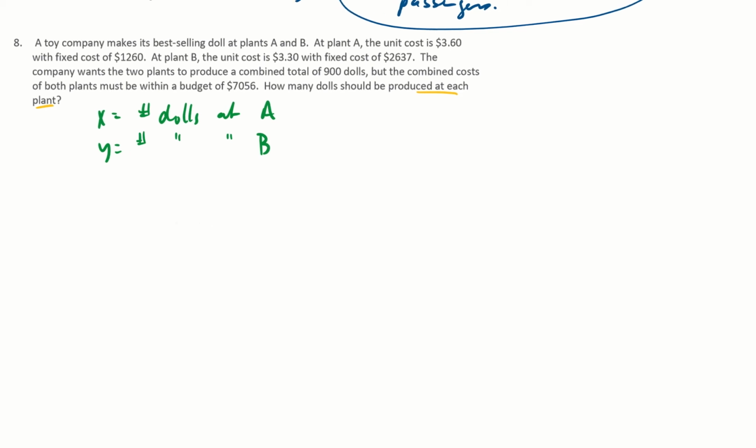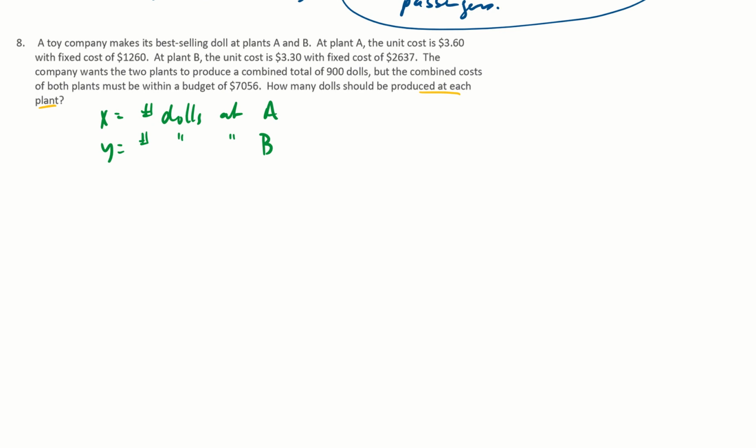Okay, so what do we got here? I need equations. So I know there's 900 dolls total at the 2 plants, so X plus Y is 900. That's the easier one. Then the combined costs have that as a budget. So what are my costs to make the dolls?